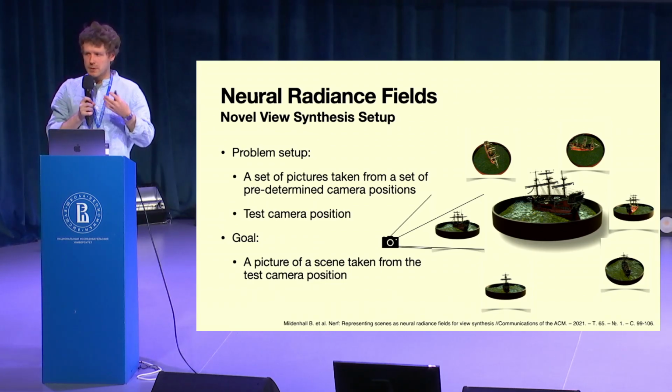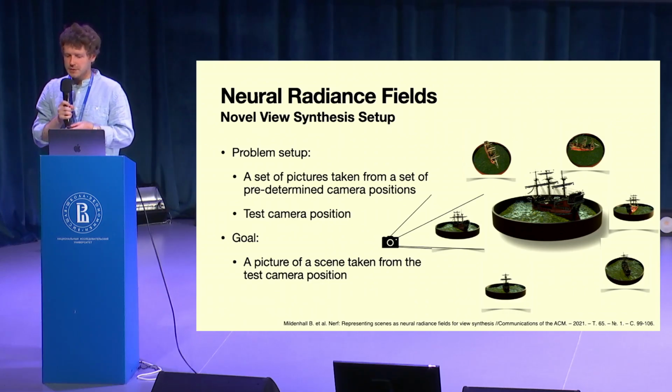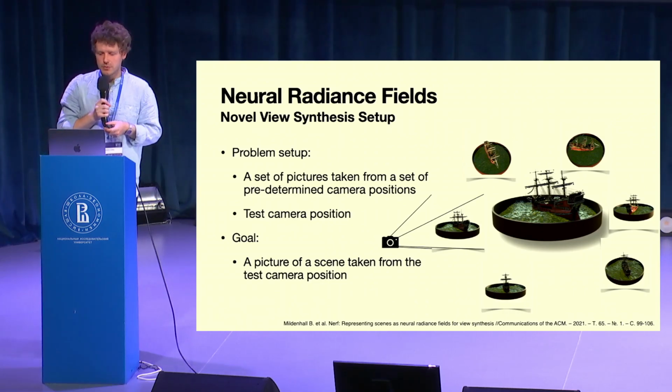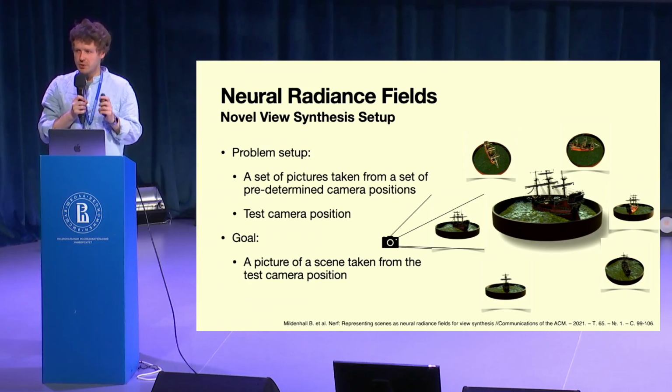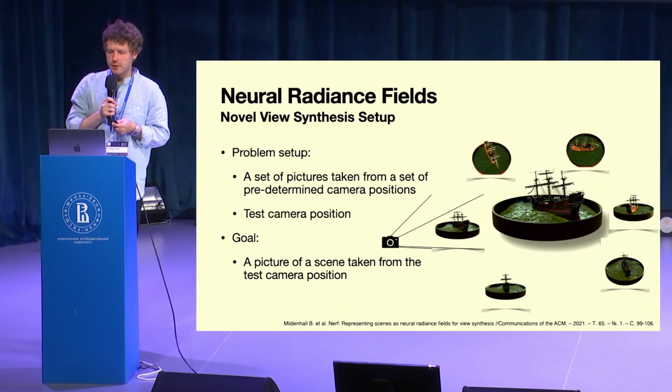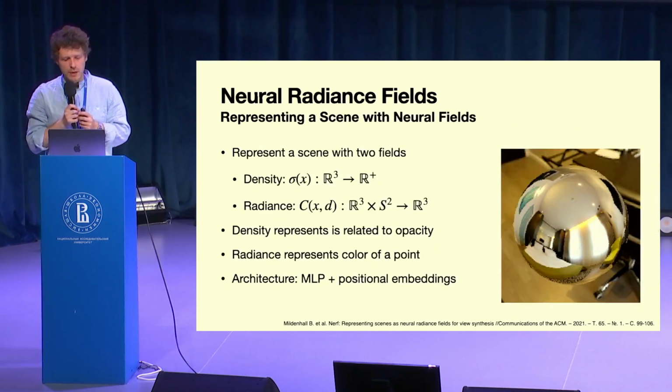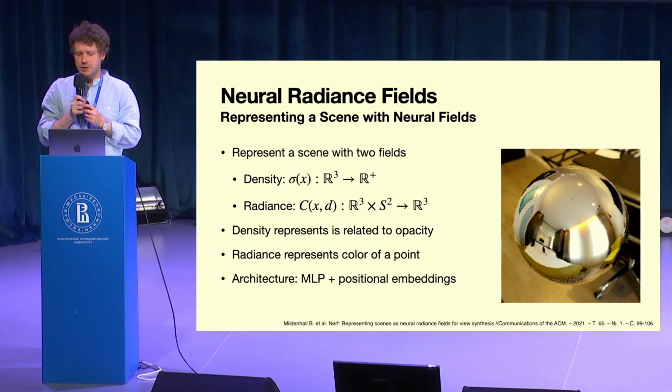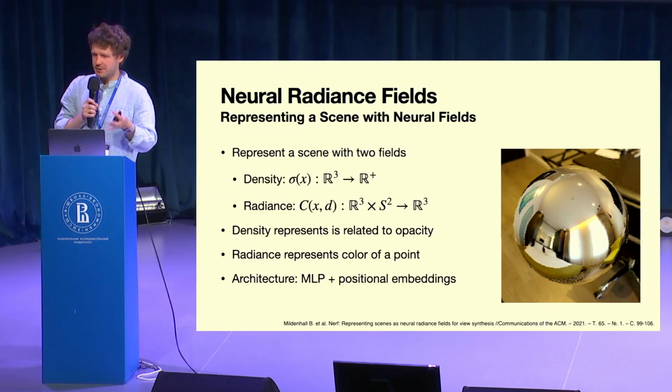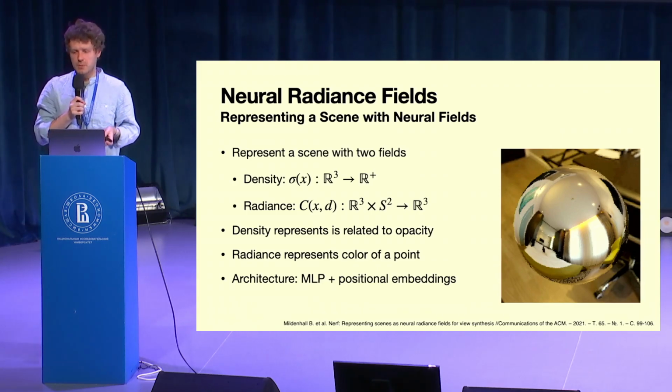So now after defining the task, let's move on to the way we can represent our scene with a neural field. The technology used to represent 3D models is named neural radiance fields, and we'll understand why the name was chosen like this in a moment.